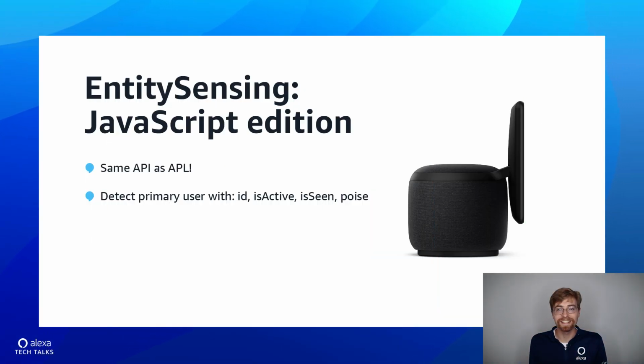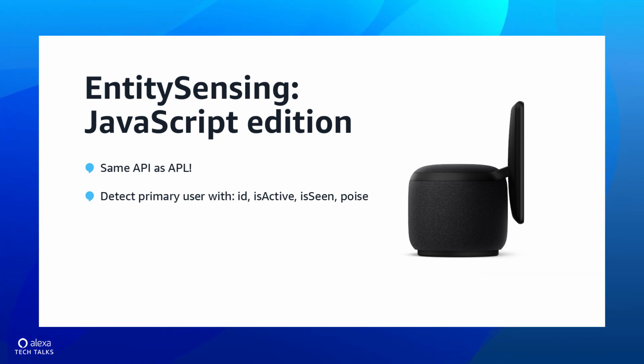Let's talk about entity sensing. Again, for entity sensing, the basic functionality is exactly the same, and the API is even the same as with APL. But you're going to be using this through that JavaScript library.